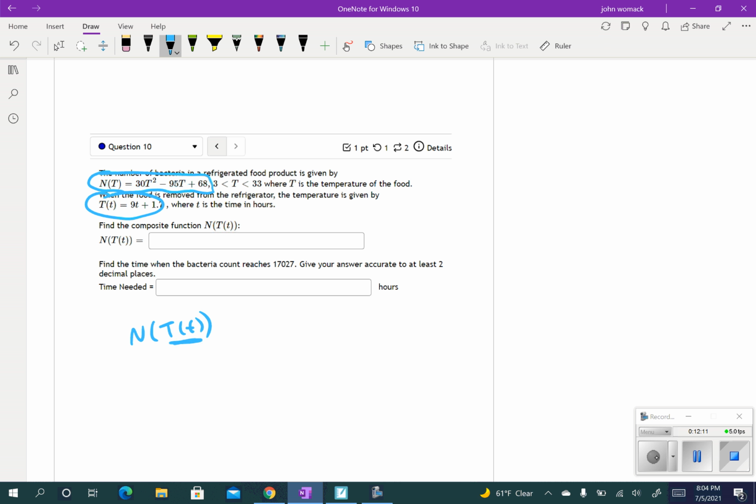So to start with your inside one, this would be N of T of T, and T of T is 9T plus 1.7. Okay, now take this, and everywhere there's a T up in N, we're going to replace it.